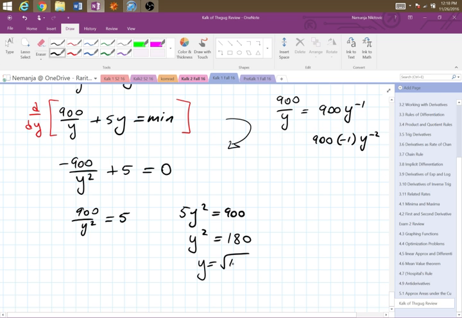So the square root of 180, so 9 times 20. So 3 times 2 root 5 is 6 root 5.